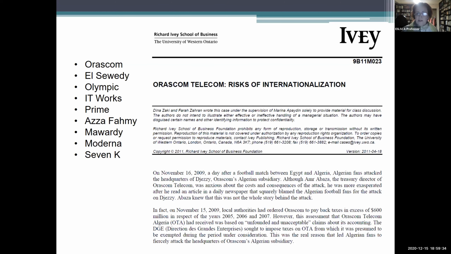And if you read the first paragraph, you will be surprised how Orascom allowed to publish such a case, because it's so controversial. It's about Algerian fans attacking headquarters of Orascom, and in fact, it was a problem with some data which were hidden, etc., about the problems with accounting.